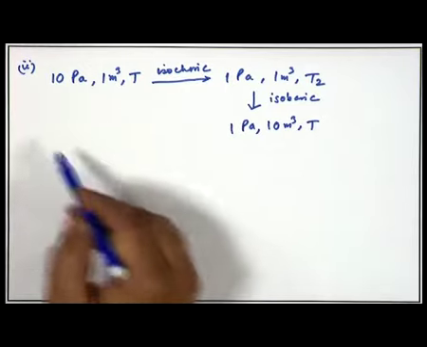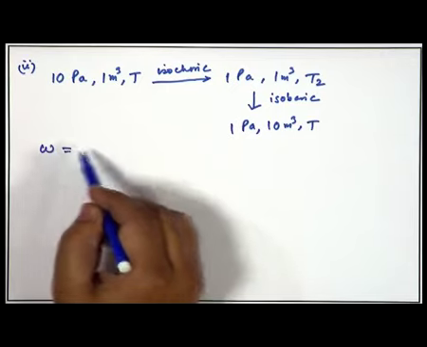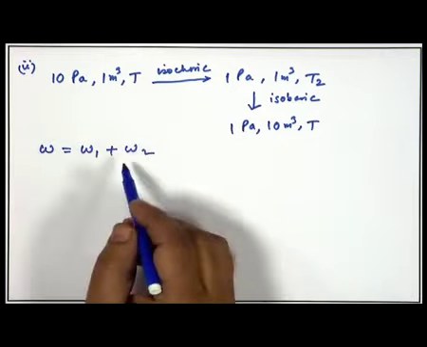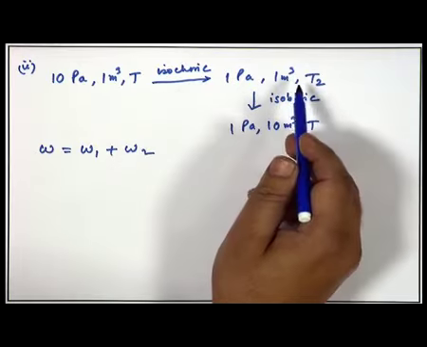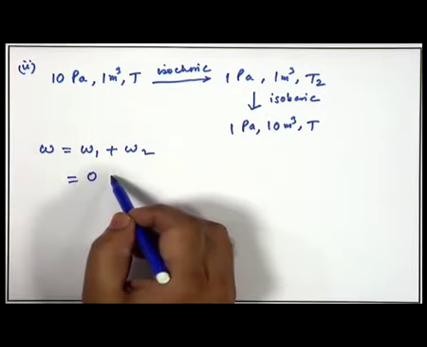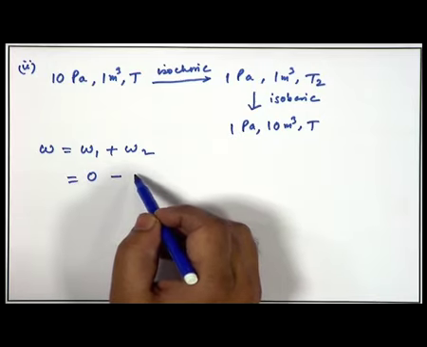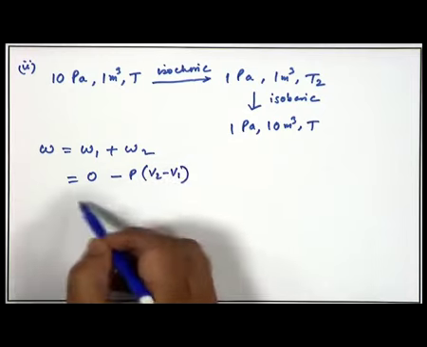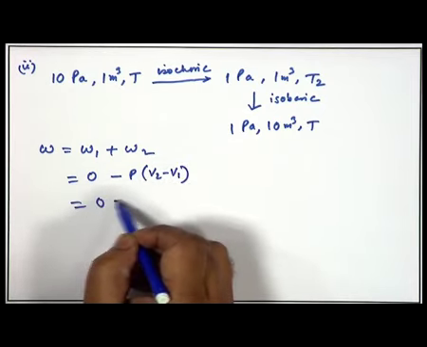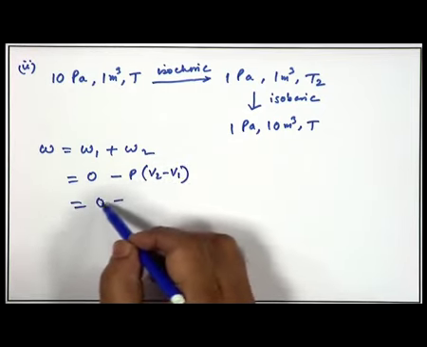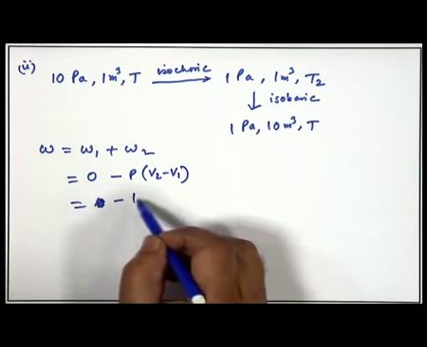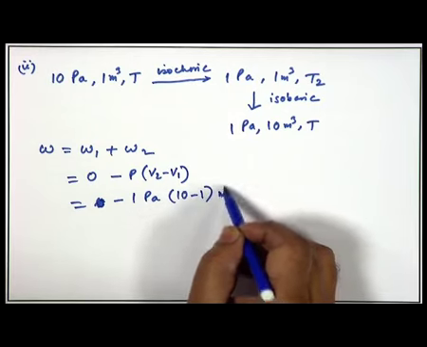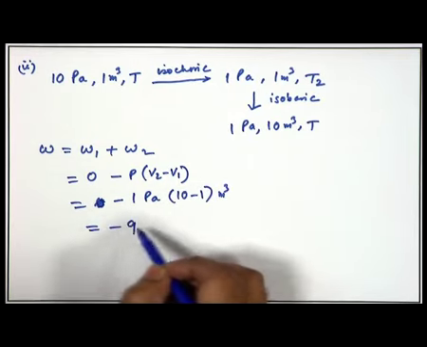Then what will be the work done in this case? Total work would be the work done in these two steps, and the first step is a constant volume process. So, it will be 0, and in the second case it will be minus P into V2 minus V1, which is 0 minus 1 Pascal into 10 minus 1 meter cube, which gives minus 9 joule.